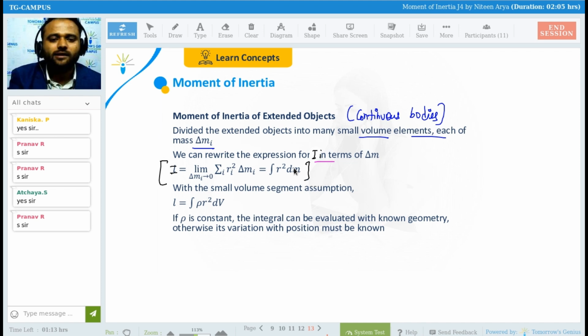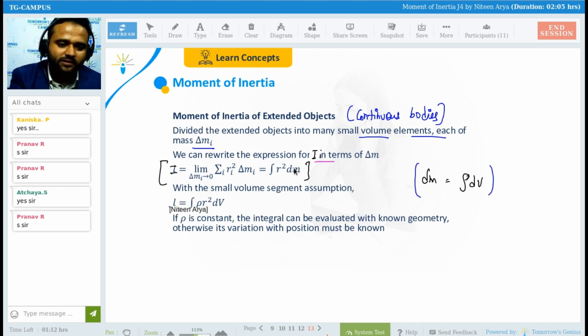With a small volume segment assumption, dm, as I already told you, is rho dV. So you can change this and put it in here. So I is the integral of rho r squared dV, where rho is a constant, the mass density for a volume.